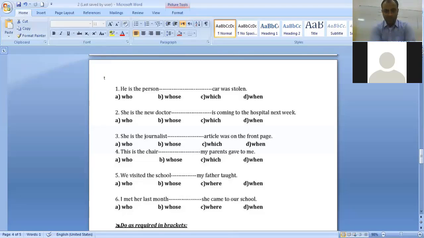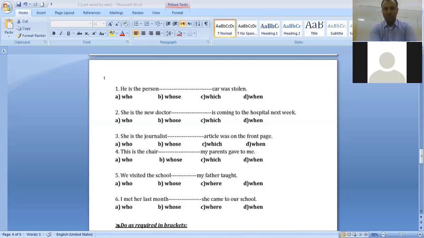In this sentence, we are talking about something that belongs to this person. We are not talking about the person himself. He is the person, car was stolen. I'm not talking about that person, I'm talking about his car. So this is something belonging to someone, and this is possession. So we use whose. Okay, thank you, Khalid.